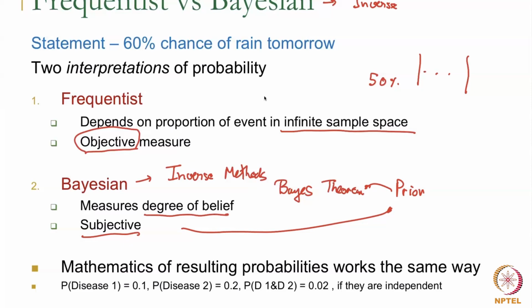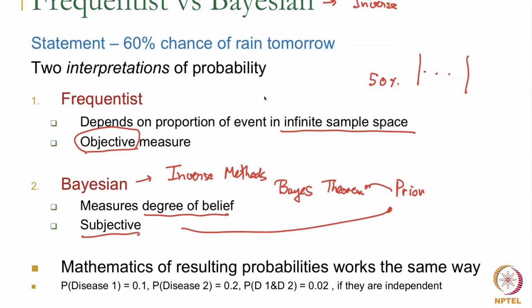So if we have something like the probability of disease 1 is 0.1 and the probability of disease 2 is 0.2, then the probability of disease 1 and disease 2 is the multiplication of these two probabilities if they are independent, regardless of whether you take a frequentist approach or a Bayesian approach. So we will stop talking about these philosophies and primarily take, as we go ahead, especially during the next week, a Bayesian approach. And that will be subtle.